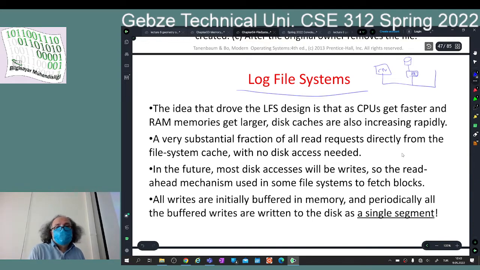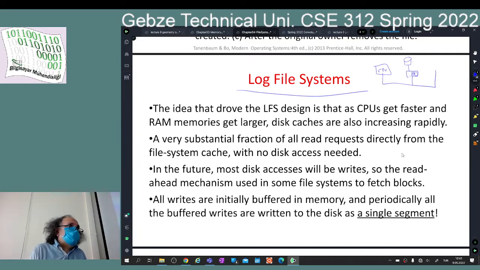They say that I am reading most of my file stuff from the cache anyway, but writes, I have to do the writes periodically. I cannot wait indefinitely to write a dirty cache unit. So what am I going to do?